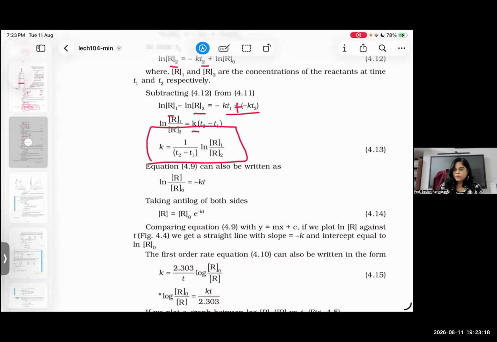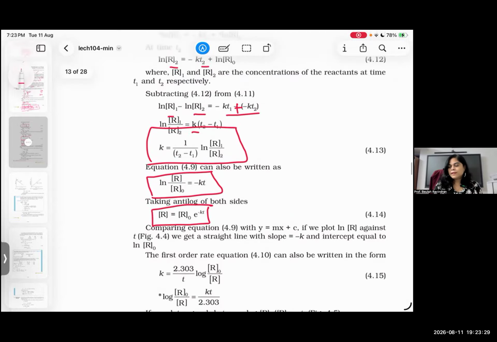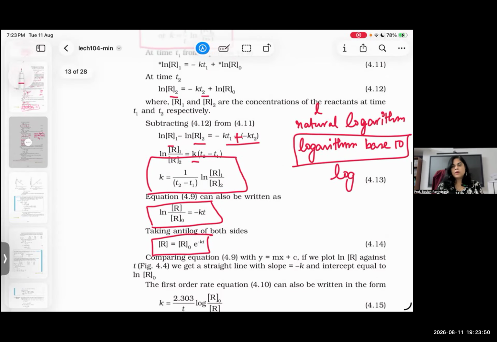And equation 4.9 can also be written like this, we know. And this can be taken anti-log. What is an anti-log? You must know the natural logarithm and the log to the base 10, the common logarithm. Natural log is always represented as ln.